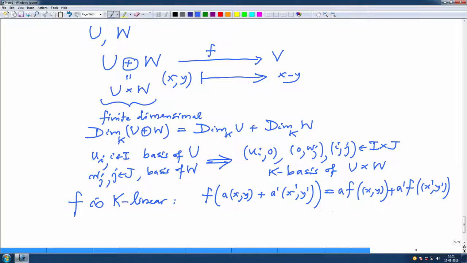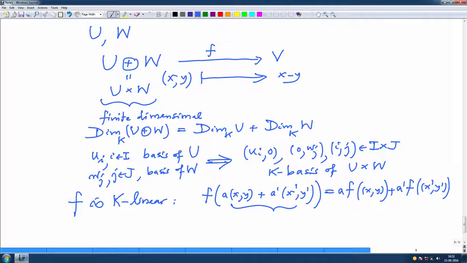But this is very easy to check because the definition here is component wise addition and component wise multiplication, and F is simply taking the difference. So, this is just a rearrangement of vectors and scalars in the vector space. So, that shows that F is k-linear.